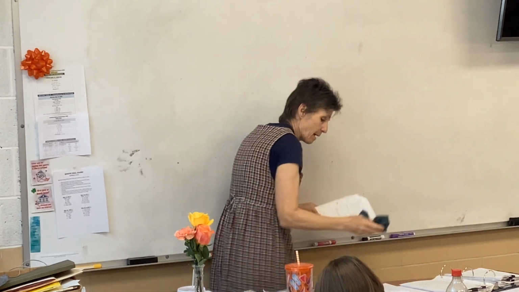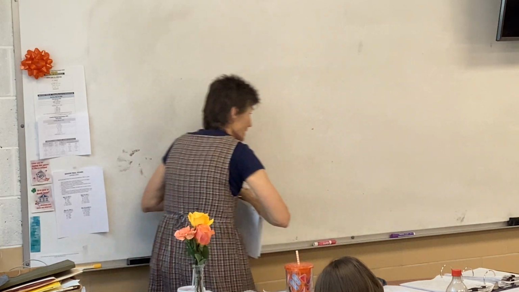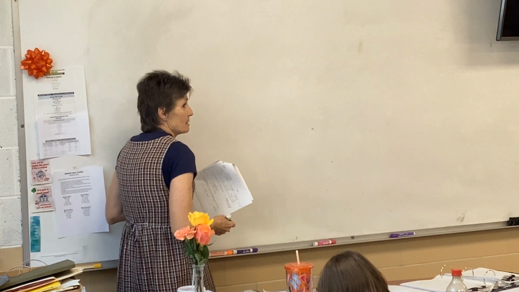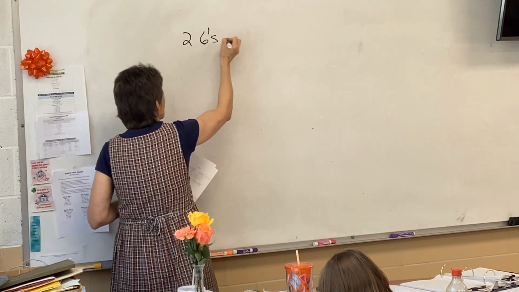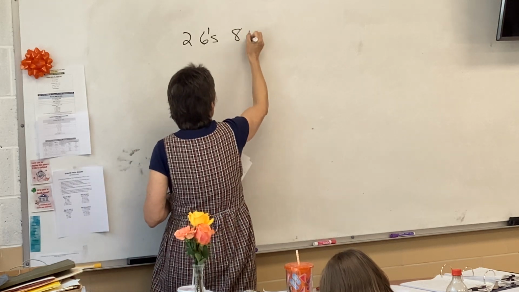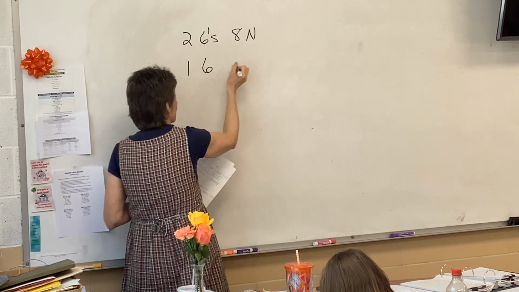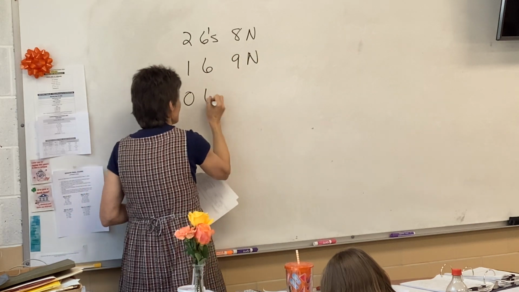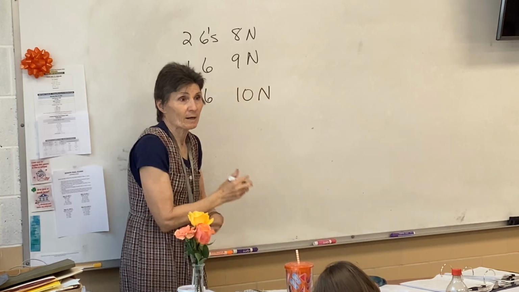So let's just stop to think about what that means first of all. I'm gonna roll it 10 times and get no more than 2 6s. So I could get 2 6s and 8 not 6s, or I could get 1 6 and 9 not, or I could get no 6s and 10. Would everybody agree that's what's going on?